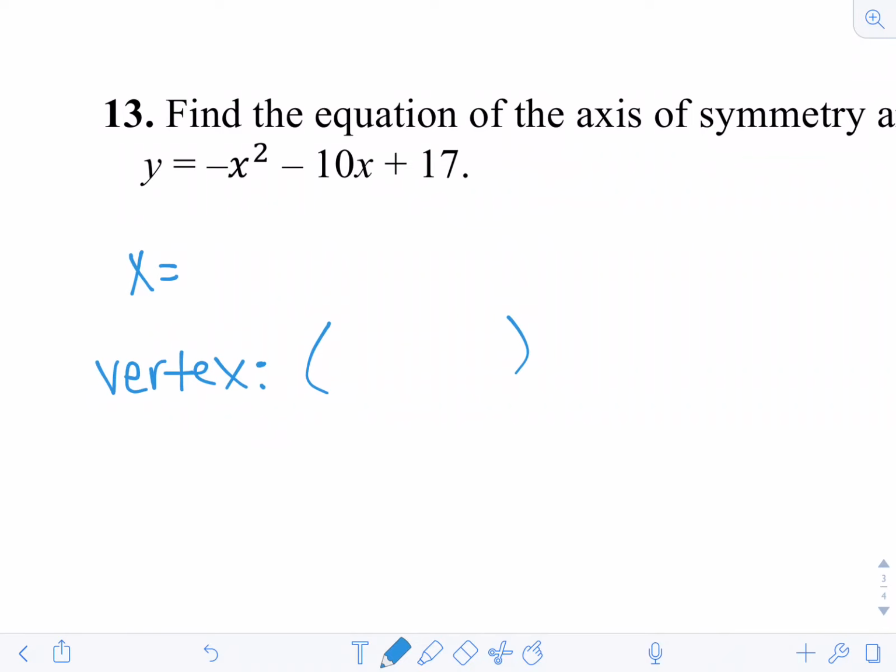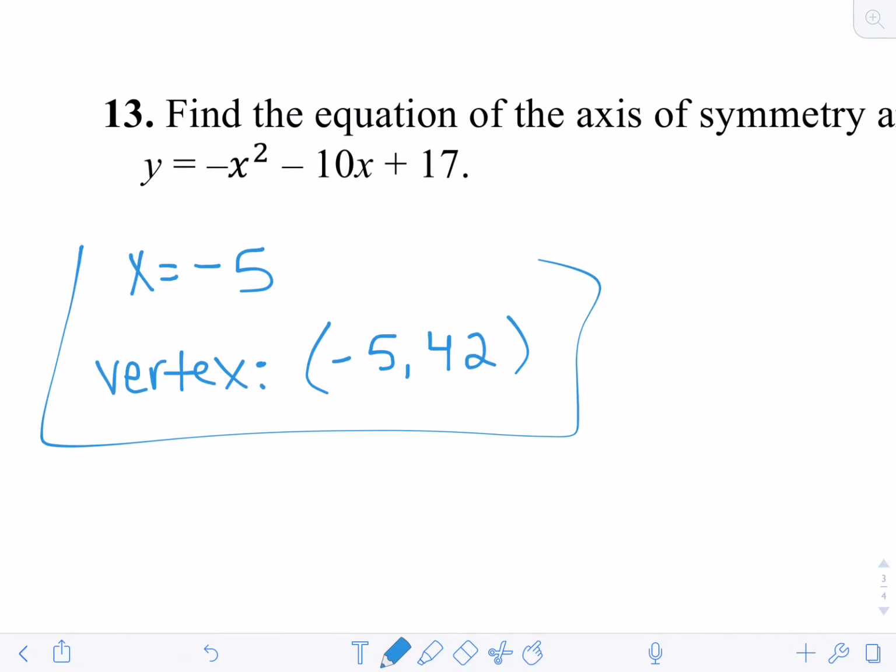And I have a max, so second trace, I'm going to hit 4 for maximum. You want to be on the left side of that max. So I'm going to move my arrow over on the left side, then move my arrow over to be on the right side, hit enter one more time. So my max would be negative 5, comma 42. So x is equal to negative 5 would be my axis of symmetry. Because remember, these numbers are always the same.